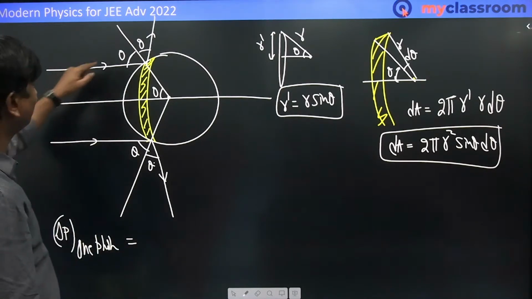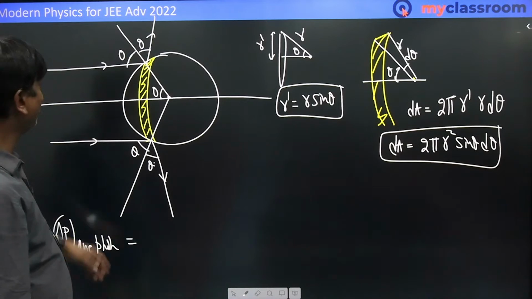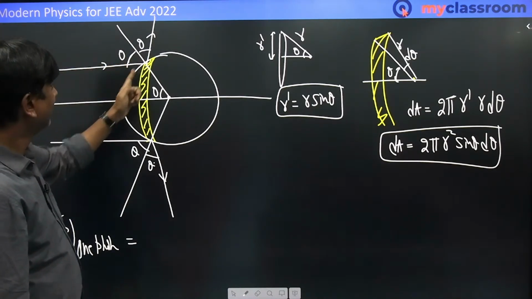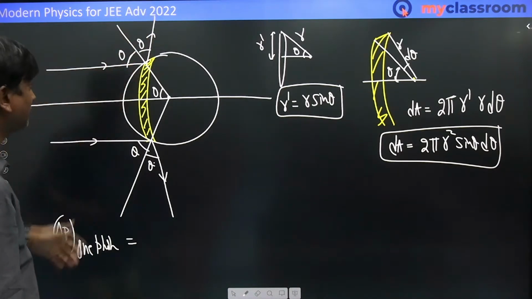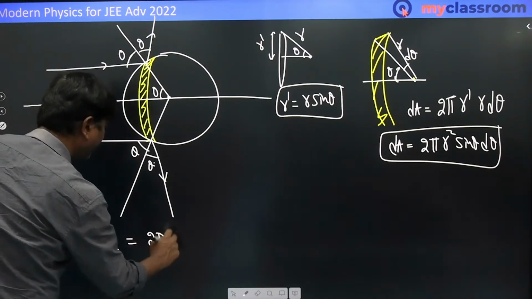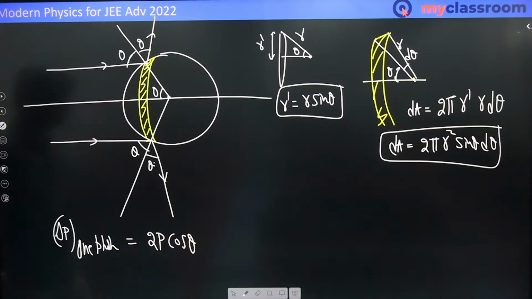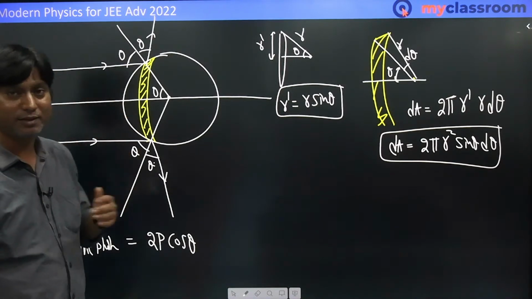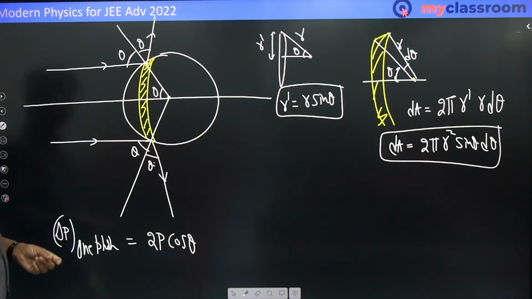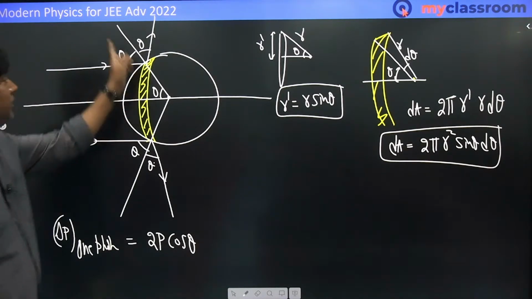As I told you, the theta and theta. So it will be, when it is having a momentum as p, going with p like this. So what will be the change? 2p cos theta. Already I told you, where p is the momentum of the particle, right? Okay, so that is a change in momentum of the photon, and it will be in this direction.